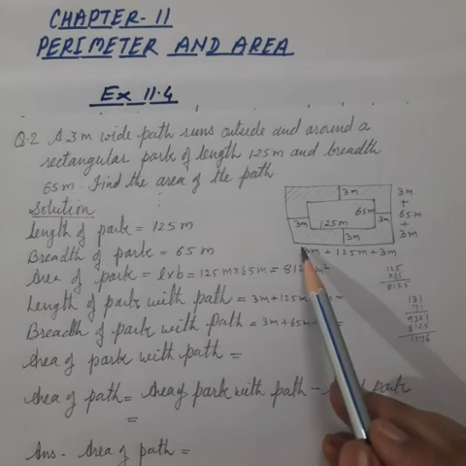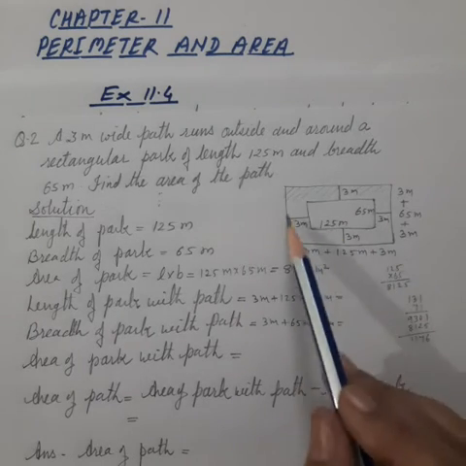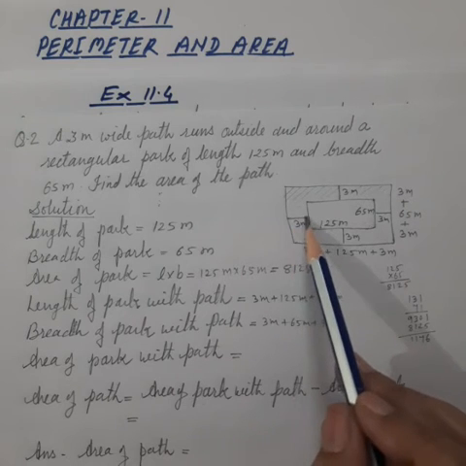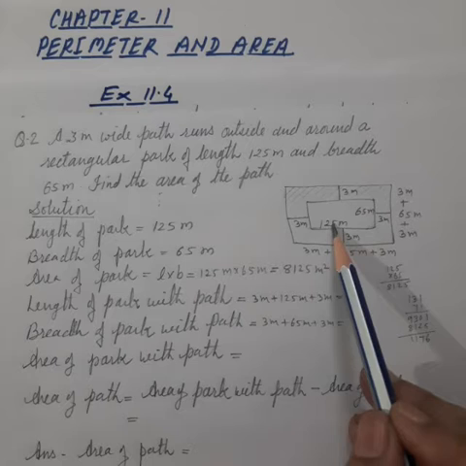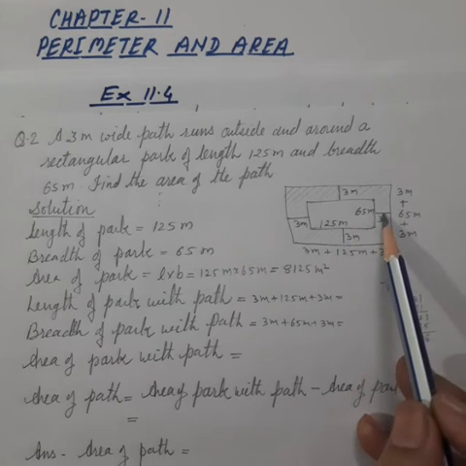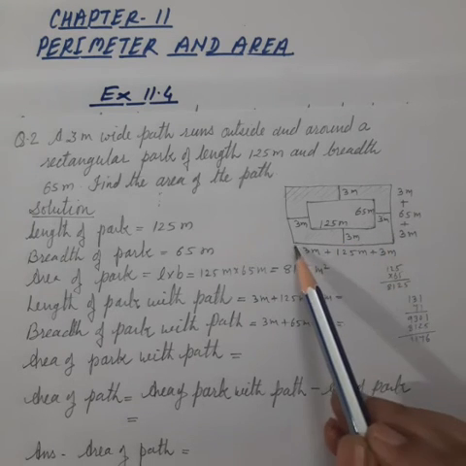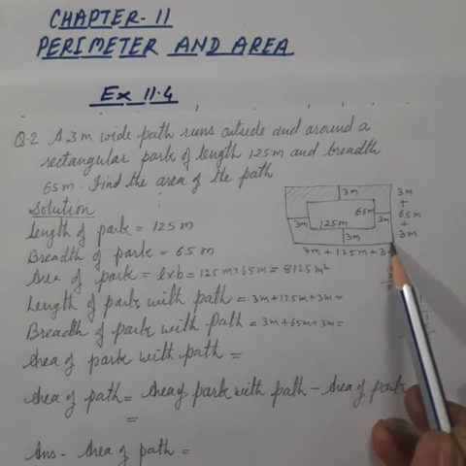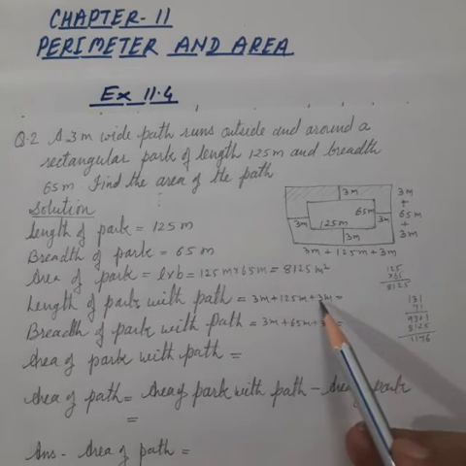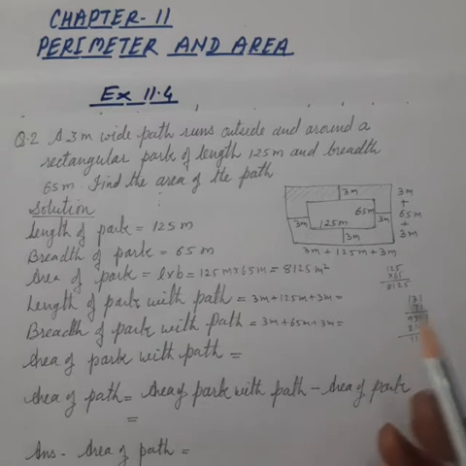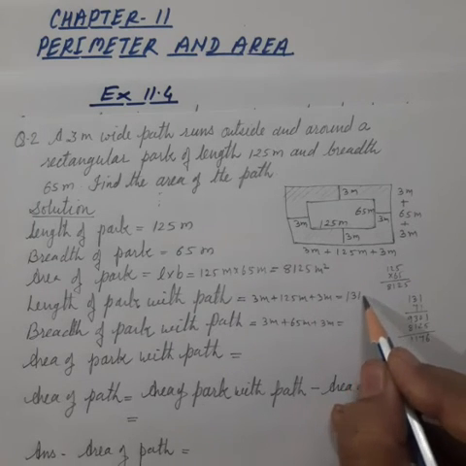Now let us find the area of the outer rectangle here. The width of the path is 3 meter. Length of the inner rectangle is 125 meter. Again width of path is 3 meter. So we get the length of the outer rectangle 3 meter plus 125 meter plus 3 meter, 131 meter.